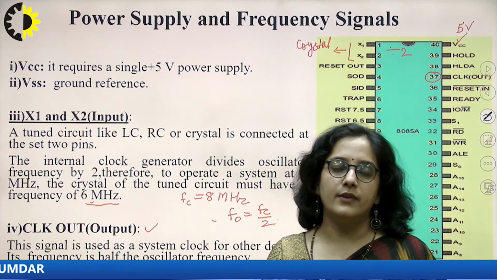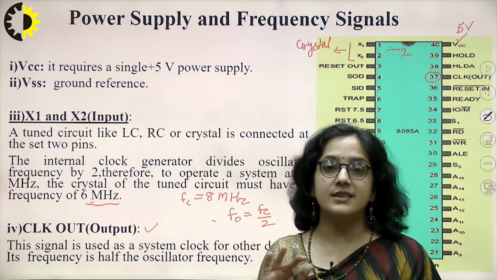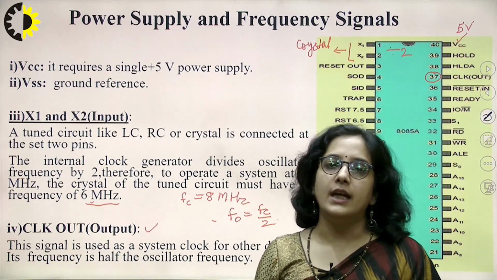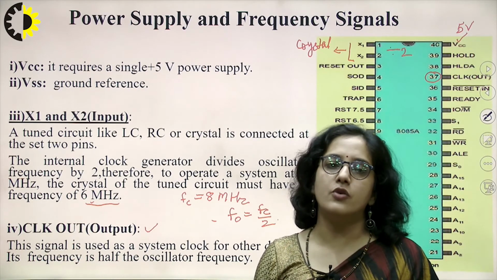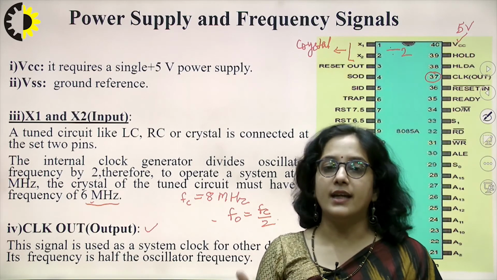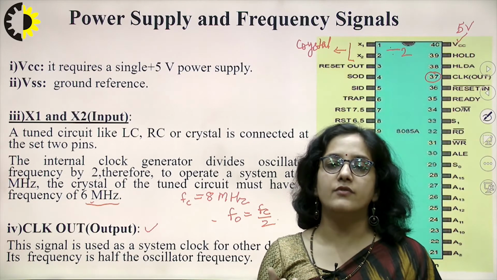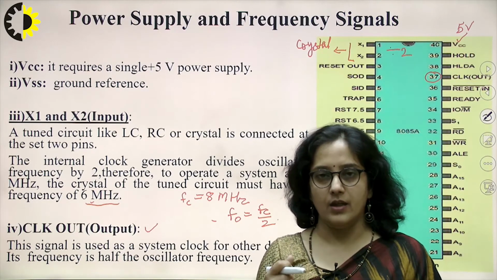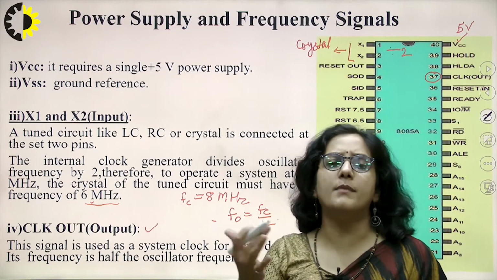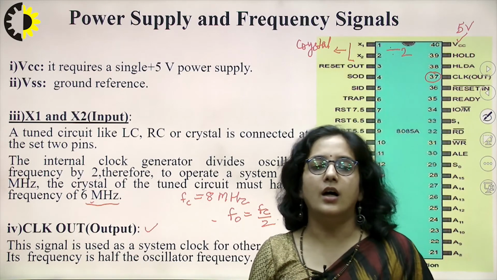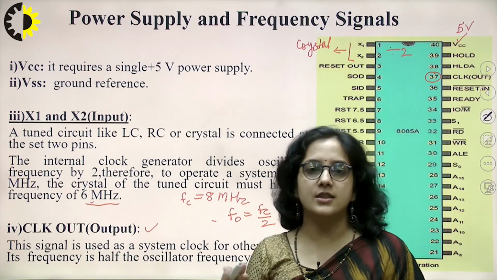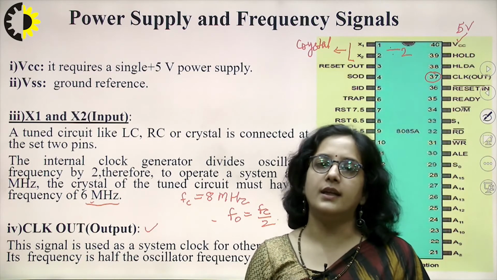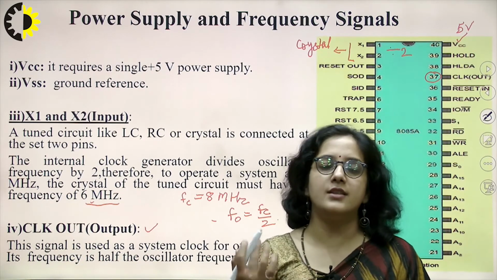When we want another device to be in synchronization with microprocessor 8085, we use this clock out signal to drive another device. It gives a signal frequency to the other device. It can be a second microprocessor, or a counter, or any register. Wherever a clock signal is required, we can connect that circuitry with this 37th pin.